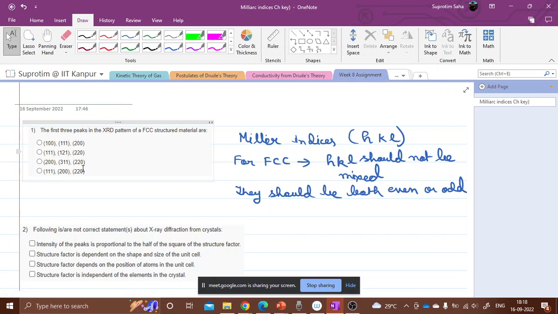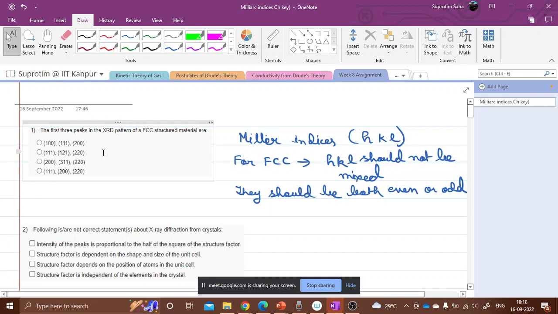So the last option would be the correct answer, because you see for 100 it is not the case, 111 also is not the case, because it can be correct, it even is correct, and 200 is also correct, but 100 would not be correct, because in that case they individually would be odd.